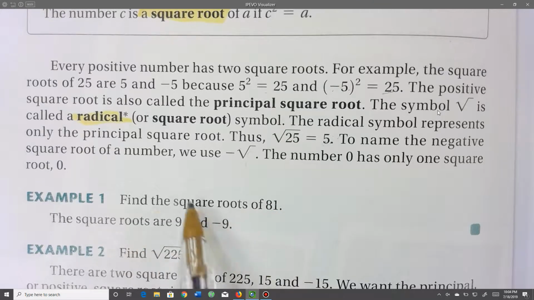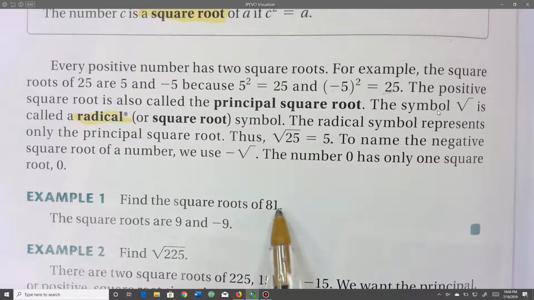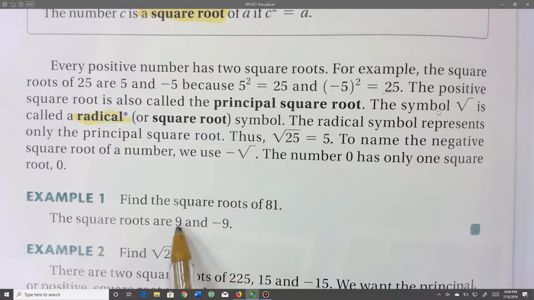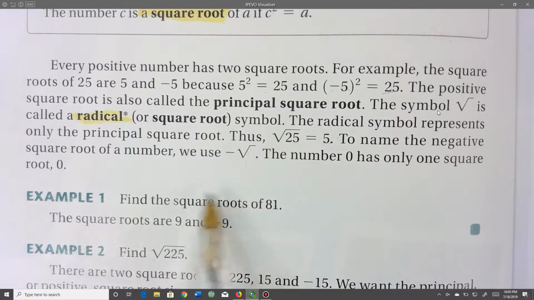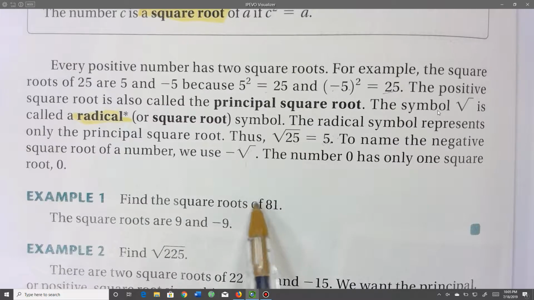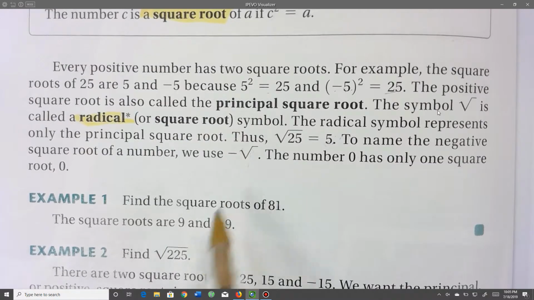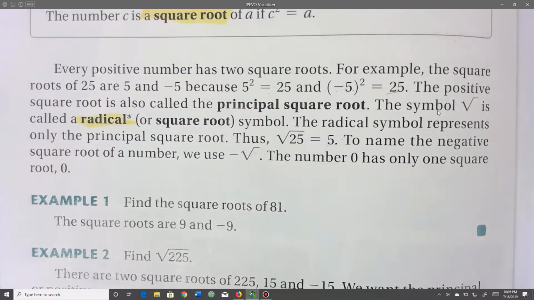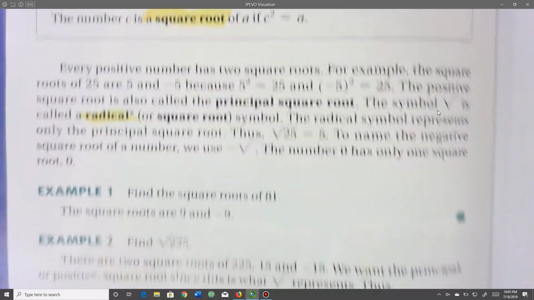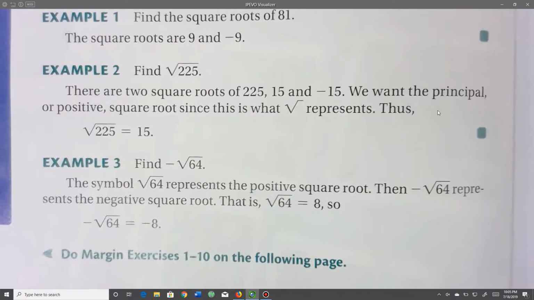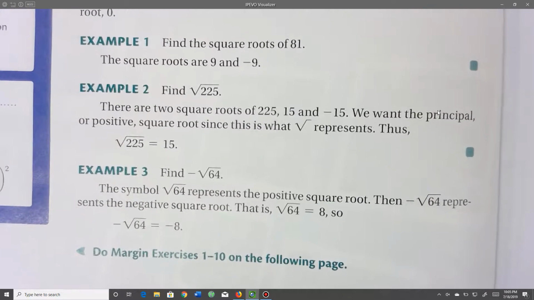In this case, to find the roots of 81, you need to find the positive and the negative answer. Just think about the question. In this case, they did ask you for both of them, because roots here is plural. But more than likely, they're going to ask you for the positive answer in most problems.